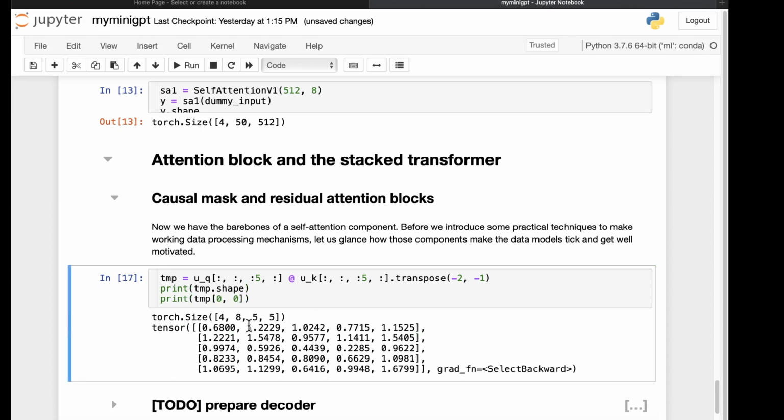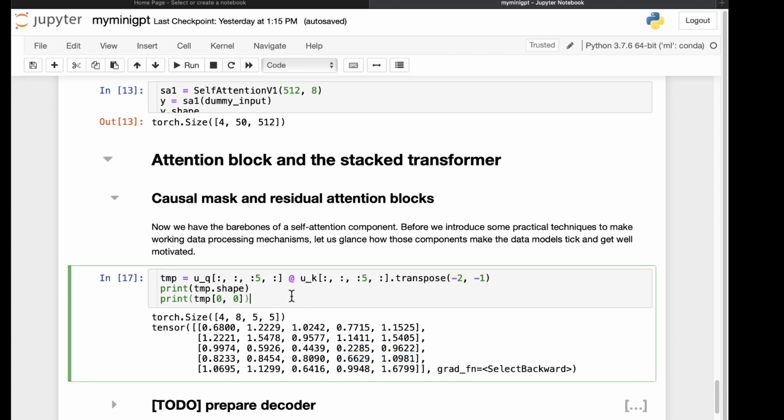We would use this attention to combine the values. Of course, for the values, we will also take the first 5. So those are the weights that will be used to combine those values. Therefore, we want to make those parts just 0.